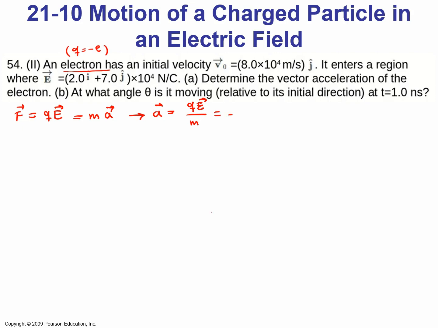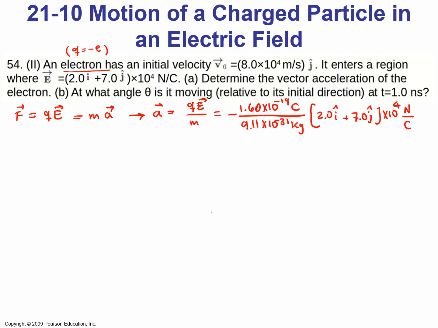So it's going to be minus 1.60 times 10 to the power minus 19 coulomb divided by the mass of an electron, which is 9.11 times 10 to the power minus 31 kilogram. And we should multiply this by the electric field, which is 2.0 i hat plus 7.0 j hat times 10 to the power 4 newtons per coulomb.